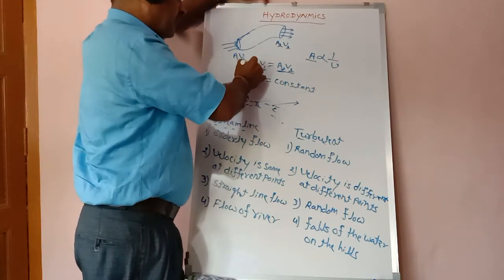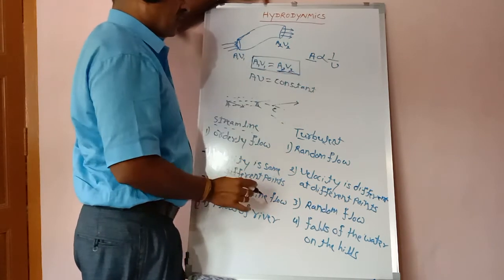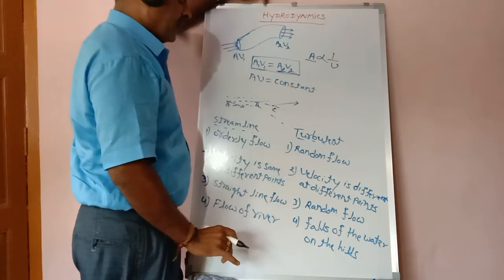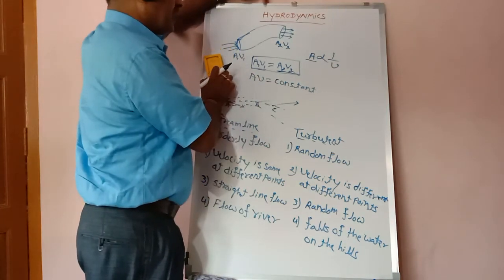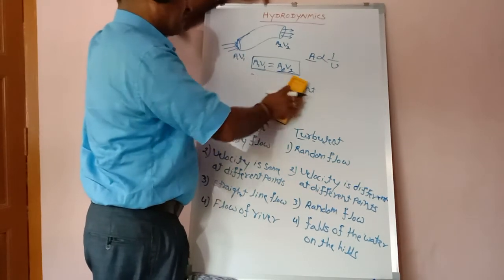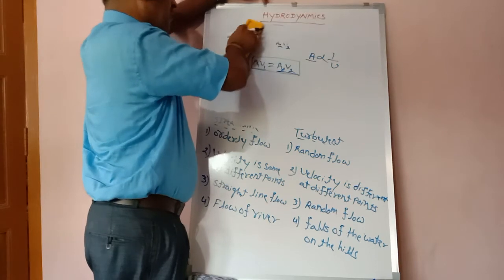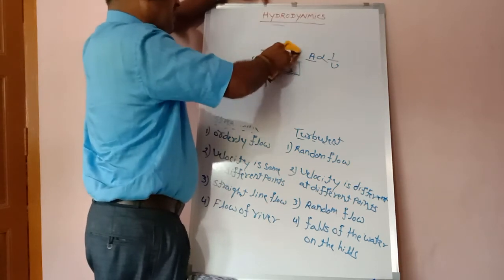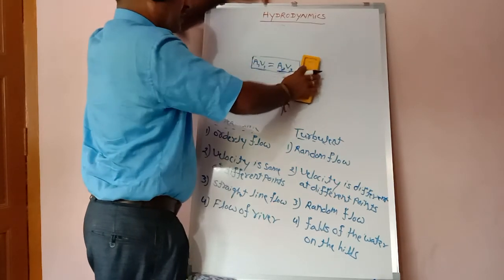So A1 V1 is equal to A2 V2. This is called the equation of continuity. Many times this question is asked: write the equation of continuity and explain its terms. Clear?